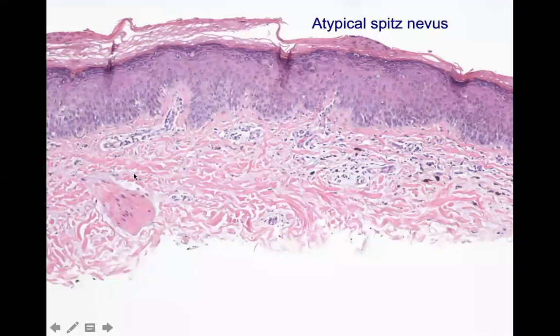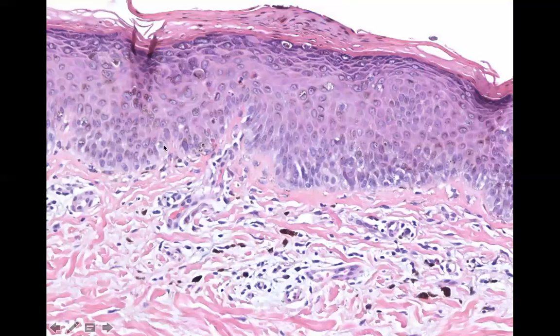Okay? Now, when is it an atypical Spitz nevus? You can see this doesn't have well-defined nests, right? And you can't see it very well circumscribed. It's hard to even see where these melanocytes are. But this was small and it was on a child. When you looked inward, you said, oh, these melanocytes are a little bit spindled, but they're not well formed or well nested, and there's a few more cells above.